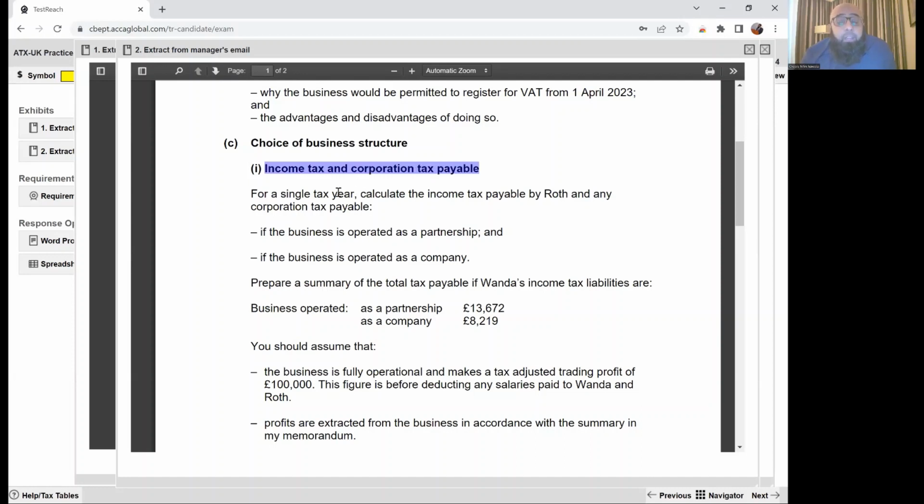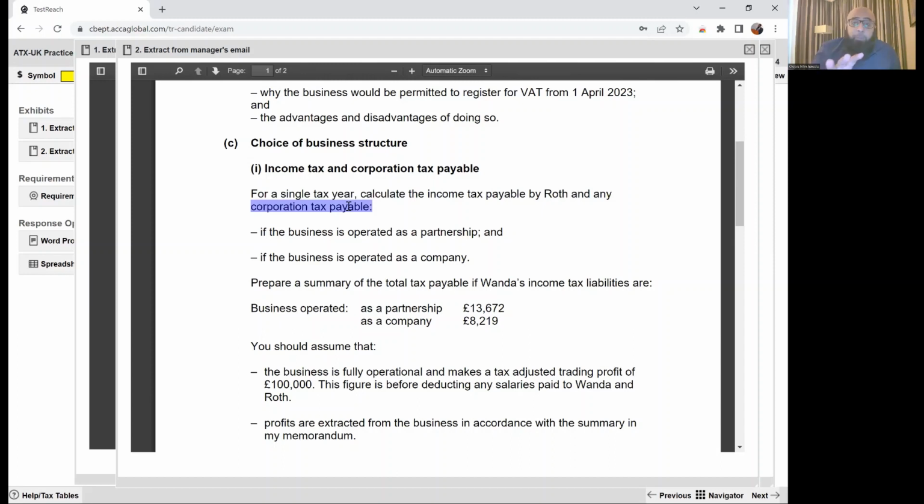For a single tax year, calculate the income tax payable by ROT and any corporation tax payable if the business is operated as a partnership and if the business is operated as a company. Prepare a summary of the tax payable if the business is operated as a partnership and as a company.